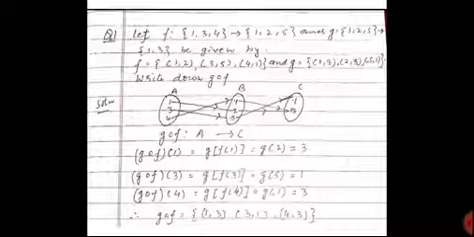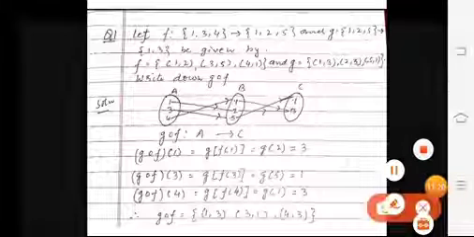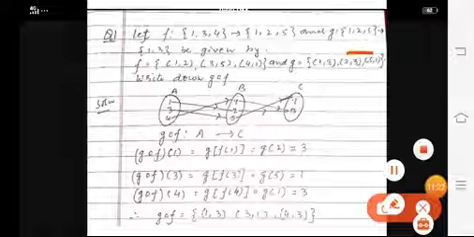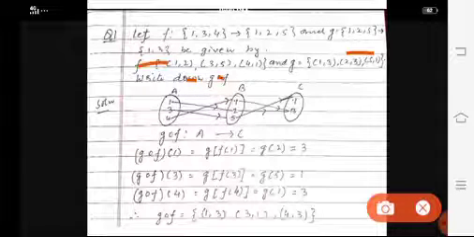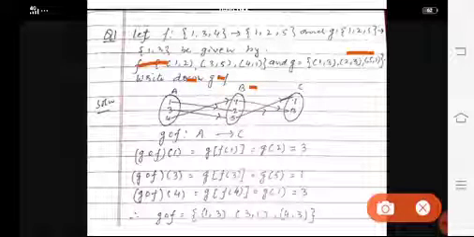F is a function from the set {1, 3, 4} to {1, 2, 5}, and G is a function from the set {1, 2, 5} to the set {1, 3}, such that F consists of the ordered pairs (1, 2), (3, 5), (4, 1), and G is the set of ordered pairs (1, 3), (2, 3), and (5, 1).